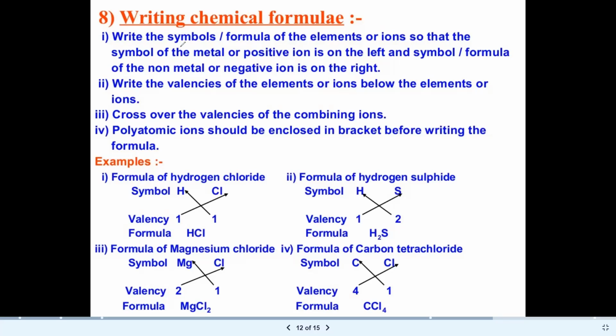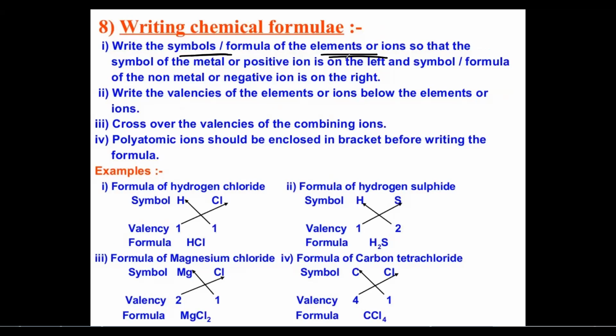You must know how to write the symbols and formulas of elements and ions. For example, if you have sodium and sulfate, what is the valency of sodium? Sodium is +1, SO4 is -2.